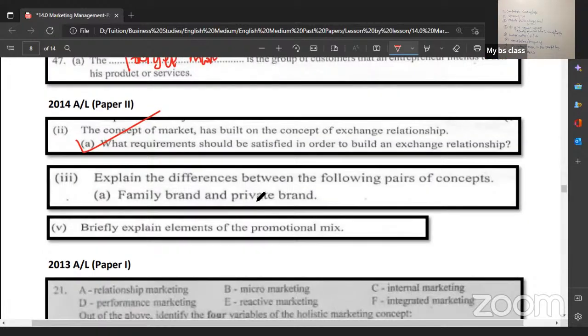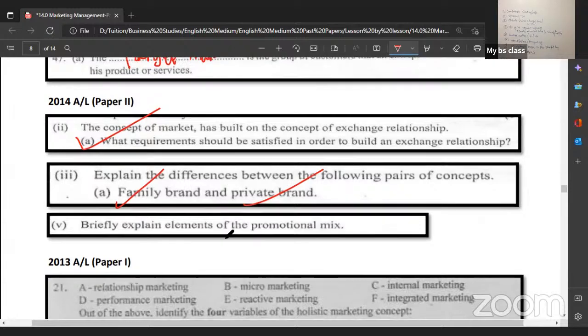Explain the differences between family brand and private brand. Family brand is one brand for all products, and private brand is for individual brands. The private brand is where traders create different brands, especially for vegetables and agricultural products: you purchase from the manufacturer and create your own brand.